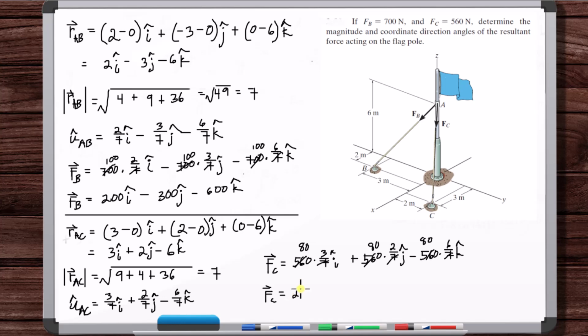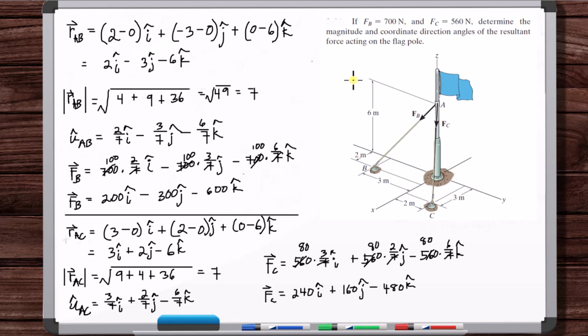So we've got 240 i hat plus 160 j hat minus 480 k hat. So we've got FB and FC as vectors.